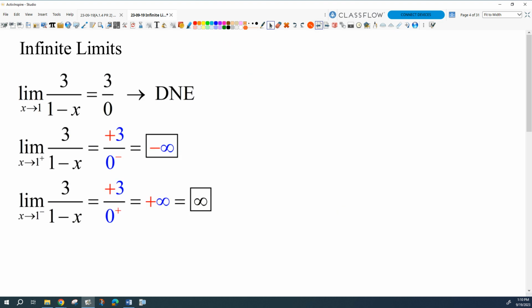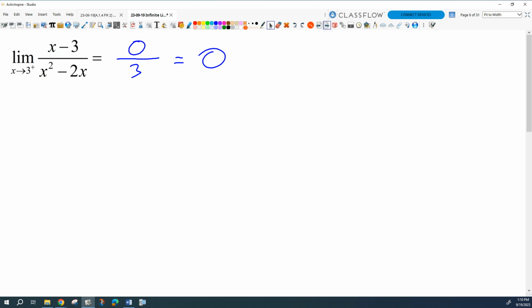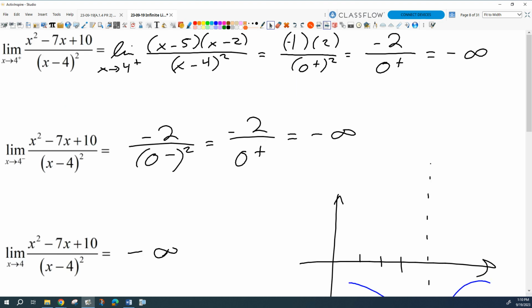Because we needed to know what were the signs of the zeros on the bottom to tell us what kinds of infinities we were dealing with. But we don't need it there or there, right? Those are problems we could have done before we even knew that a one-sided limit existed.